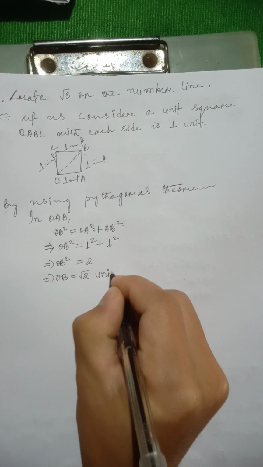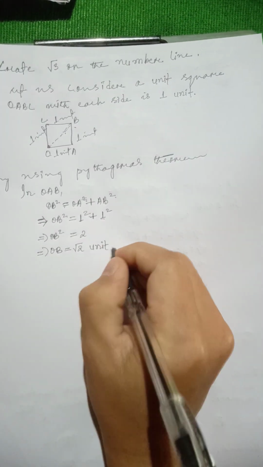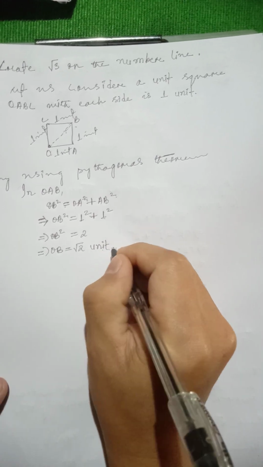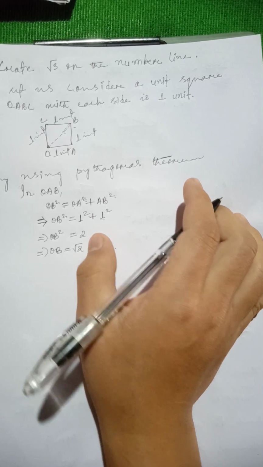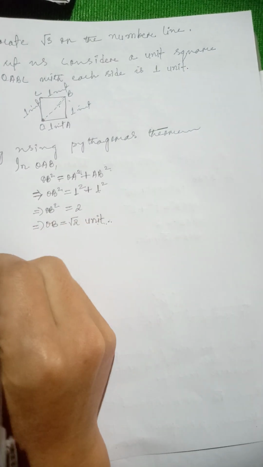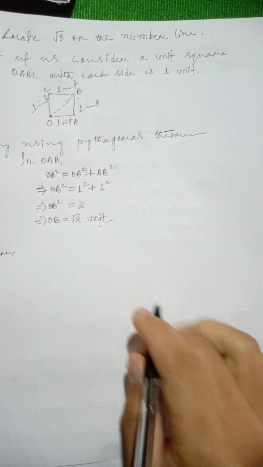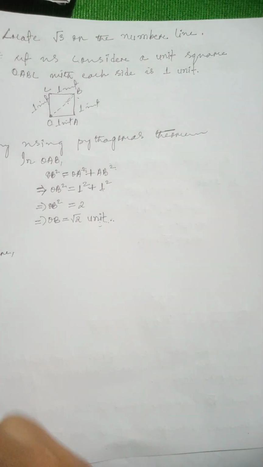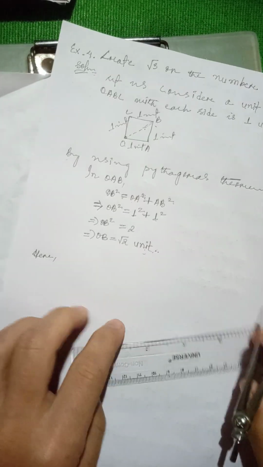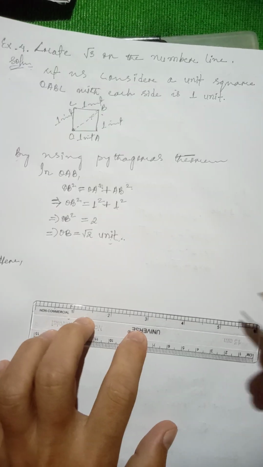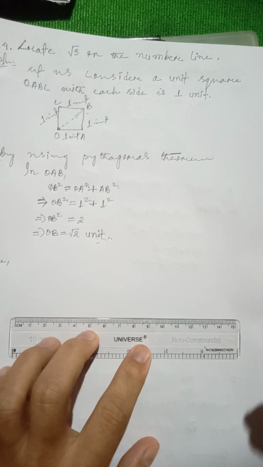If you move the square to the other side, that will become root 2, okay? The question has not given any units, so we write it as units. Then here we have to represent root 2 on the number line, okay? Same as the process that we did in the last class, we have to do it here also. Let us take it a bit bigger than the one that we took in the last class.